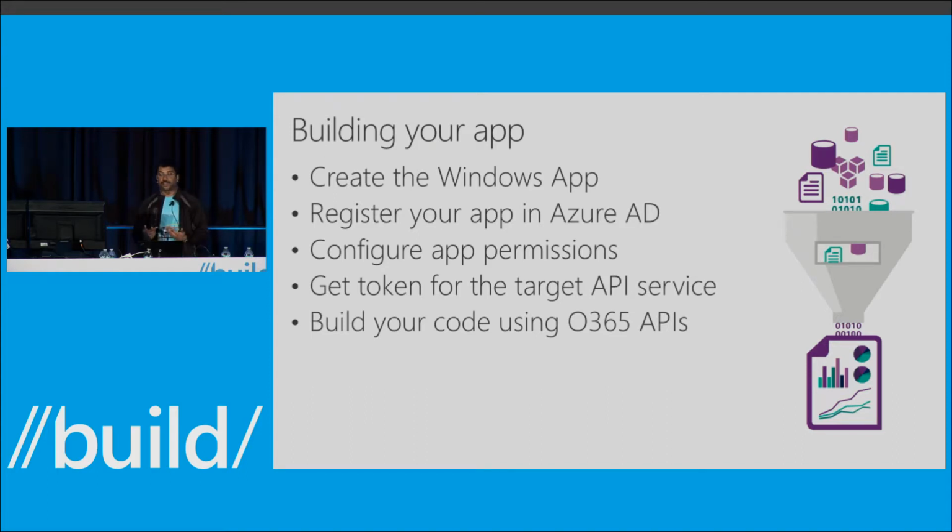Then I can configure the permissions I need to talk to these different resources in Office, which is mail, calendar, contacts. And once I have done that, I need to write code to authenticate with Azure AD and then authorize my application to talk to the Contacts API or Calendar API. And then I can get the access token back.